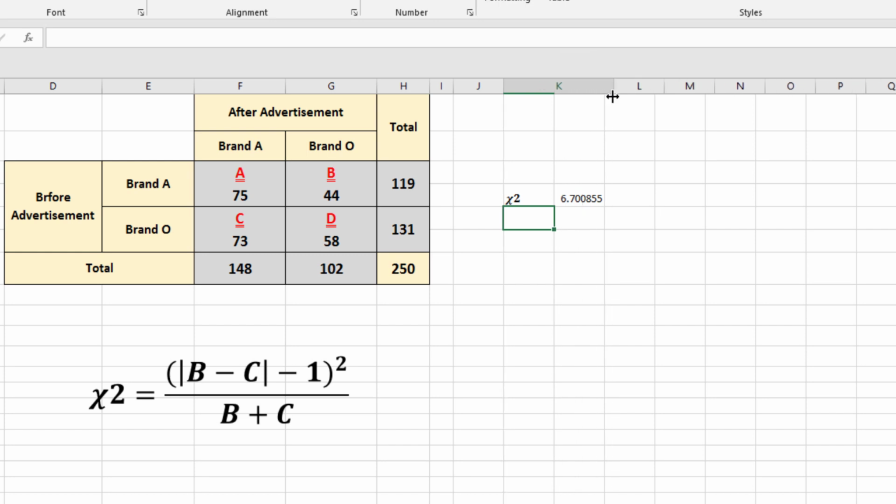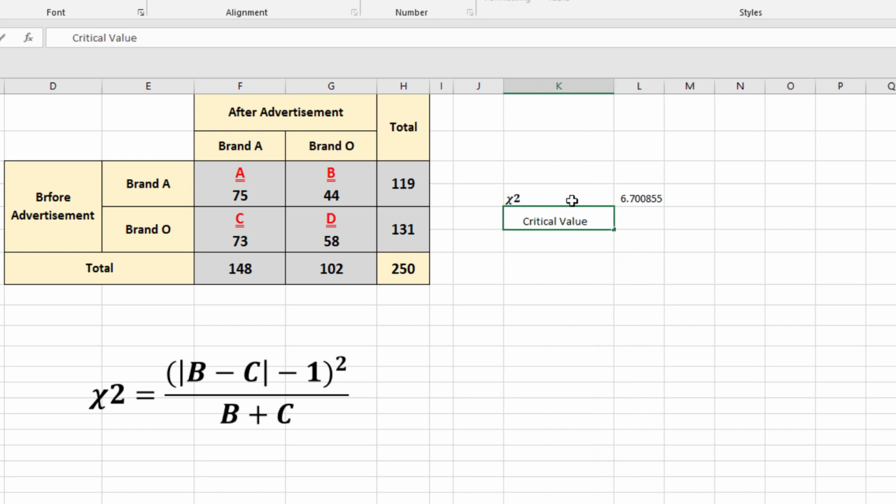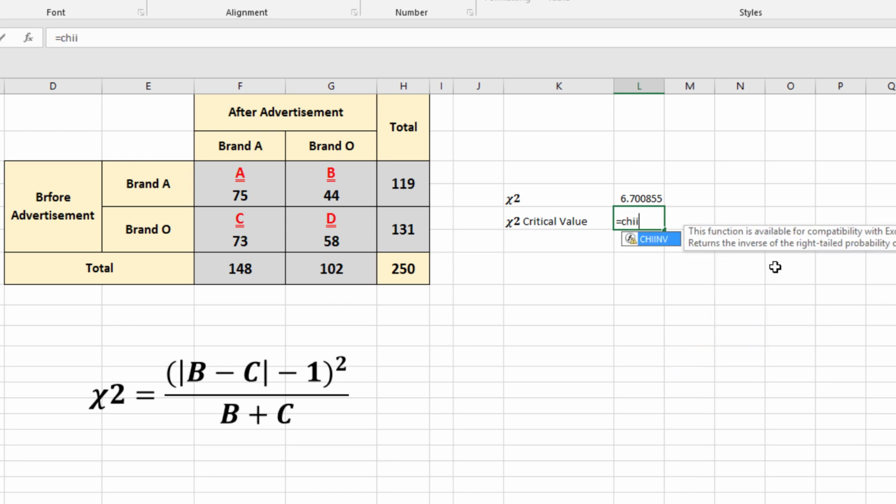So that is the equation for calculating the chi-square critical value. In Excel, the function is equal to CHIINV. The probability is the first argument, and the probability is the level of significance.